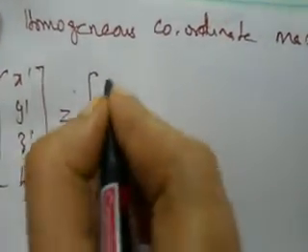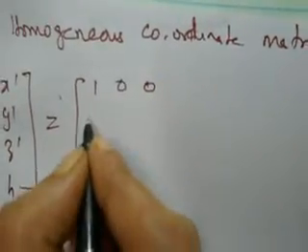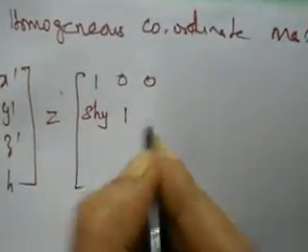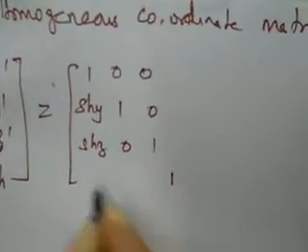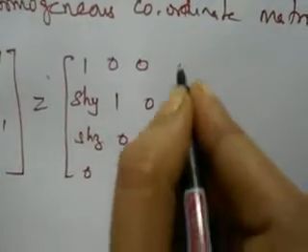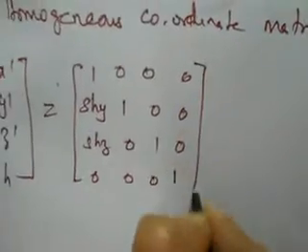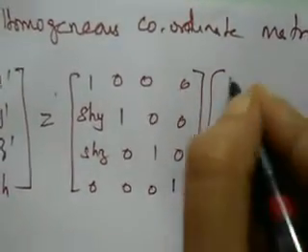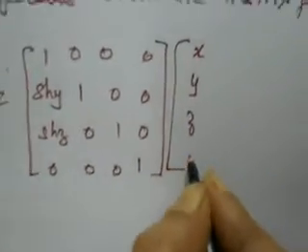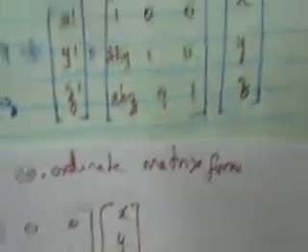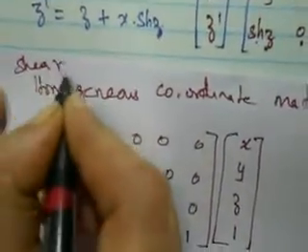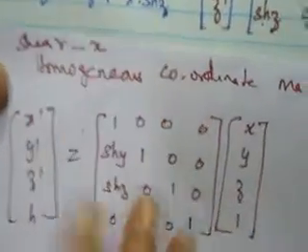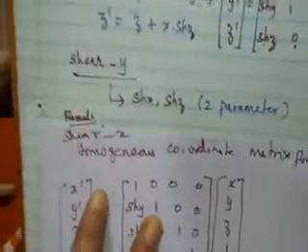We have to write the same three-dimension values as they are. We have to add one more direction, and along with that we fill the remaining values with 0. Now we have formed the 4x4 matrix successfully. Then x, y, z, and the homogeneous coordinate value 1. This is the homogeneous coordinate matrix form for shearing with respect to x.